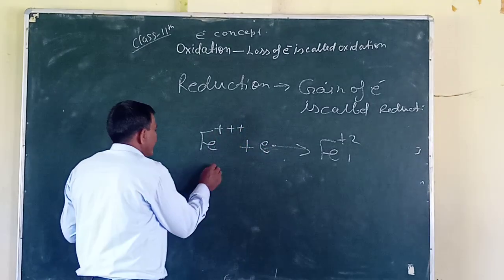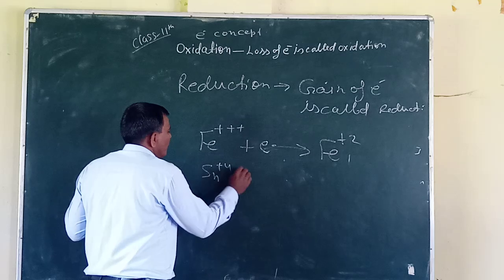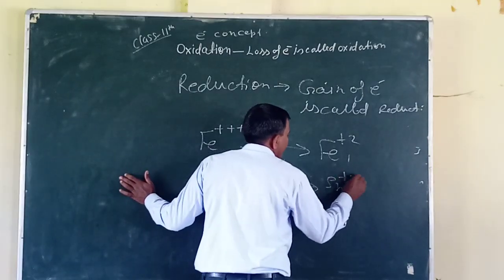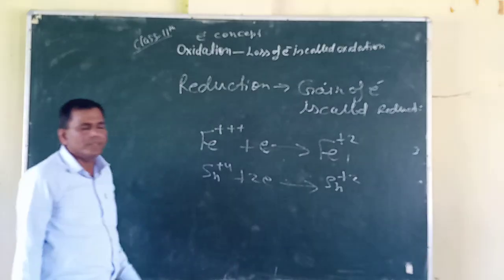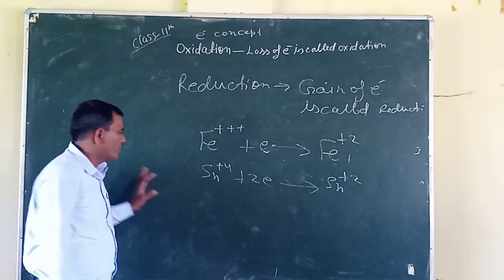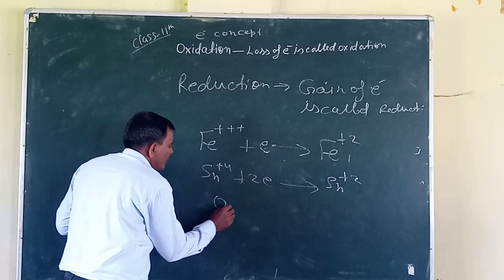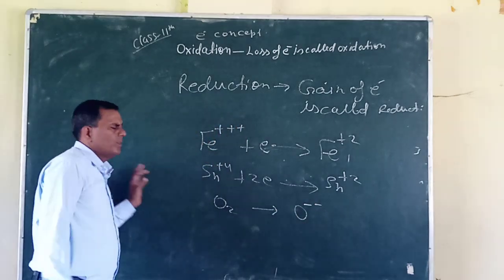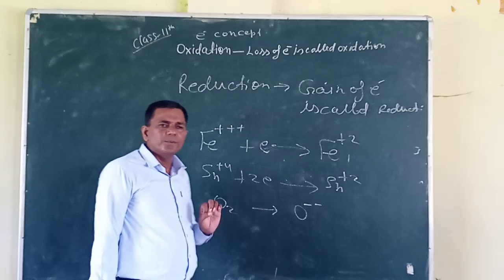Again, Sn4+ plus 2 electrons gain gives Sn2+. So this is a reduction process. Suppose oxygen is converted to oxide ion, which is negative.